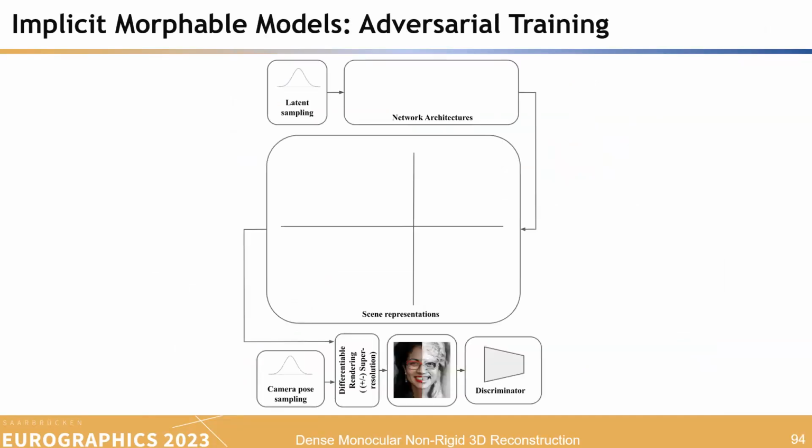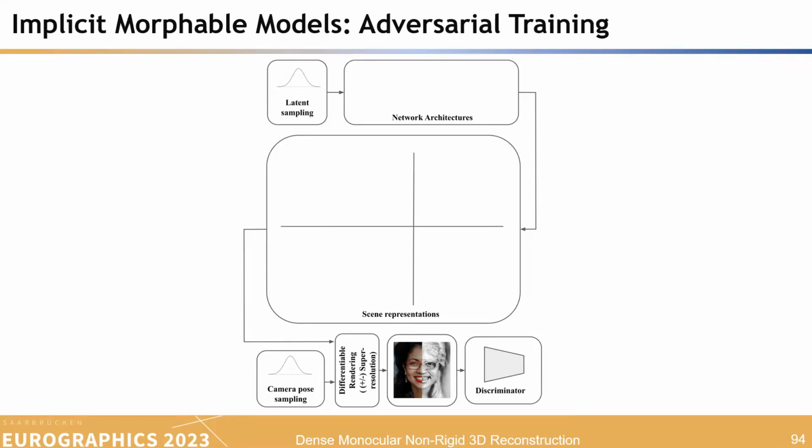Let's look at methods that rely on adversarial training. It typically has this sort of schematic representation, where these methods use a neural network to regress the whole 3D scene in some sort of representation conditioned on a latent space. They also assume a distribution of camera poses for the given set of 2D images.